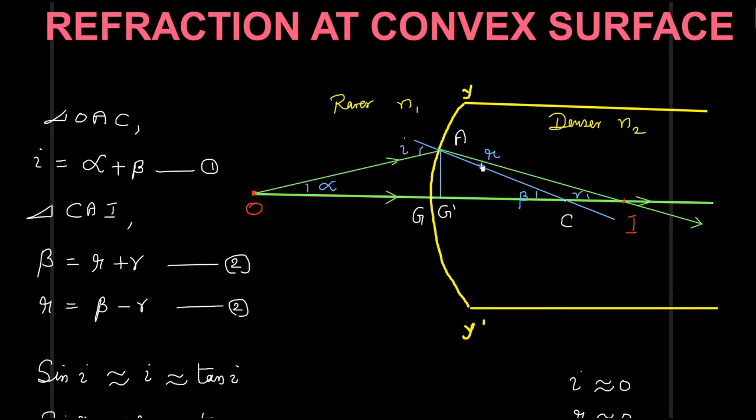So beta equals r plus gamma, or r is equal to beta minus gamma. Let us write this as equation number 2. We take aperture of the surface to be small compared to the other distances involved, so that small angle approximation can be made.